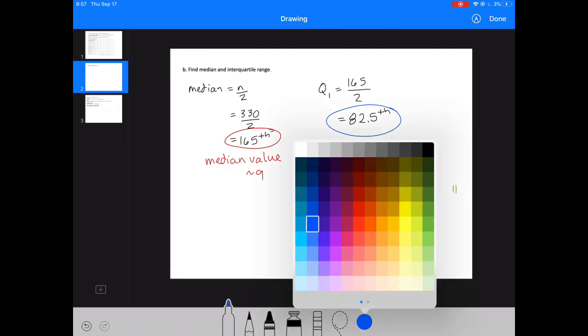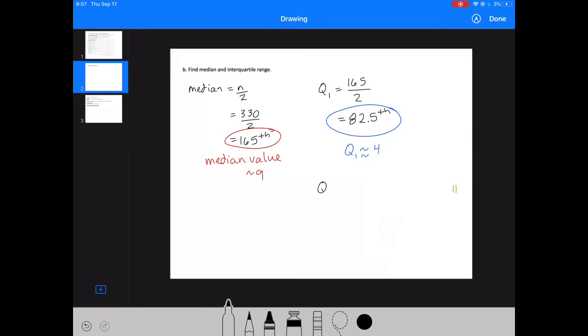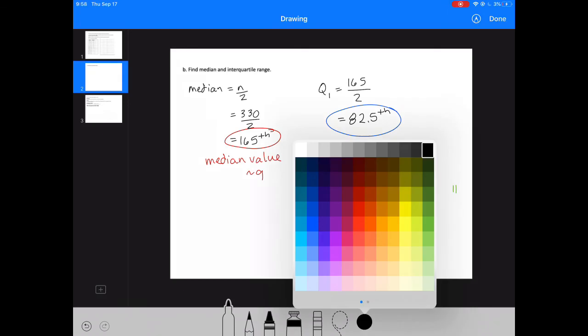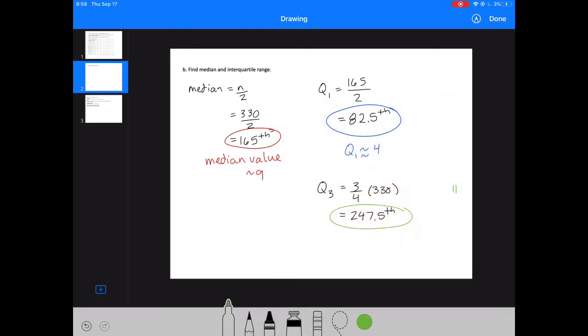Then we'll do the same thing for Q3. Now we're looking for 3/4 of the way through our entire data set, which is actually our 247.5th term. I'll do this one in green.